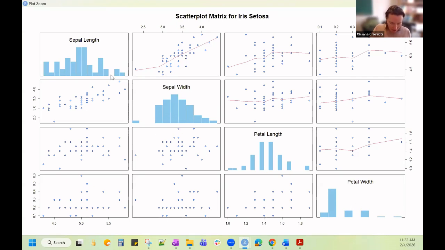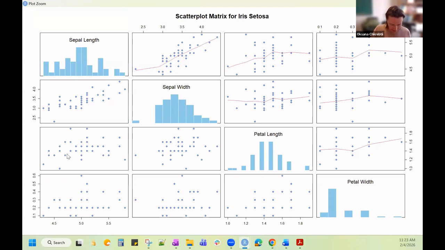Now, if you look at the off-diagonal parts of this plot, you can see the actual scatter plots of the variables. So this one, for instance, shows you the scatter plot of sepal length versus sepal width. And as you can see, they are positively correlated. A larger sepal length is associated with a larger sepal width, just like I mentioned with the beetles before. So there is some dependency between these variables for each individual.